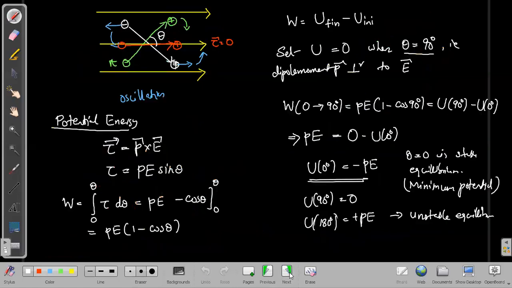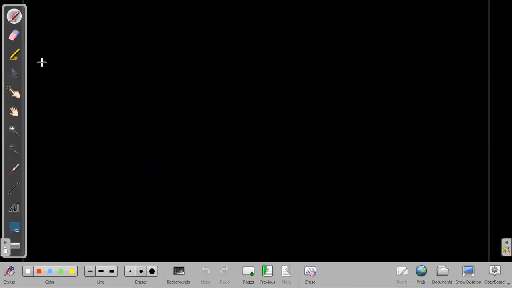I think better I will just draw the two diagrams and explain why one is stable and the other is unstable equilibrium.